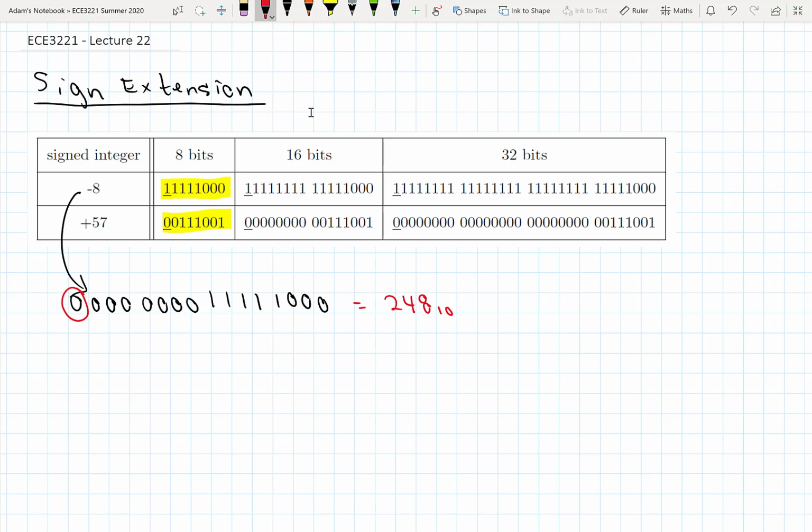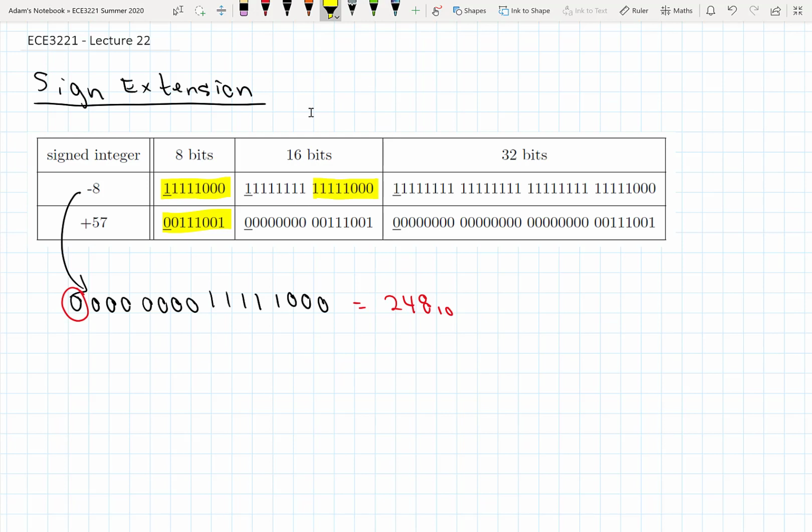So what we need to do when we store this 8-bit value into a larger memory space is do what's known as a sign extension. First off, we have to know that our data is signed data to begin with. Once we know that, we can use appropriate functions that will do this sign extension.